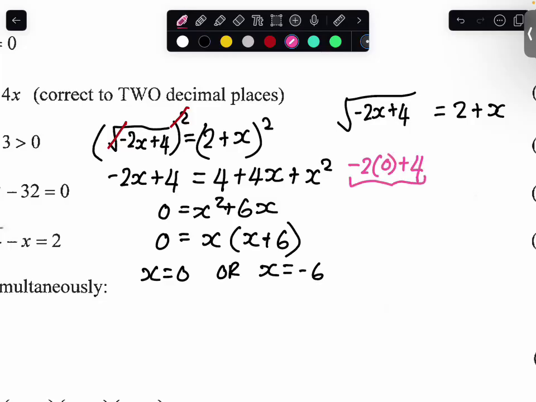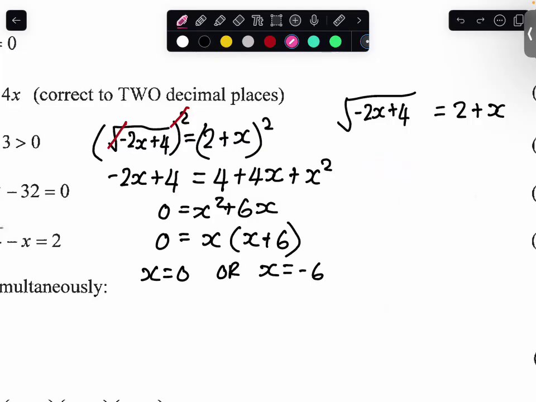This gives me a positive 2. And on the other side, I'm also going to sub 0 for x, and that gives me a positive 2. So 0 is fine, because both under the root and the answer to the root ended up being positive. Make sure that you noticed that I did not take the root when I was testing my solution.